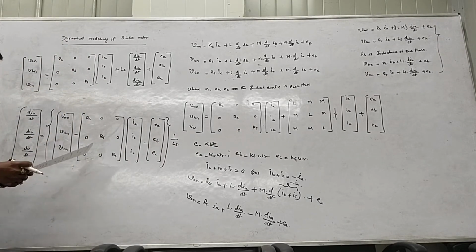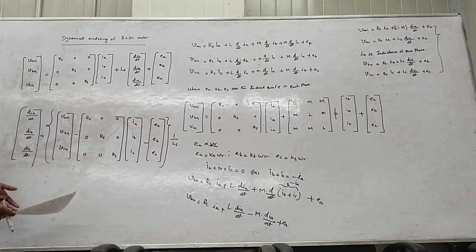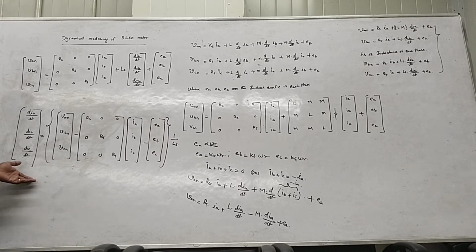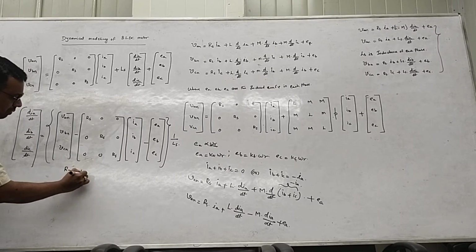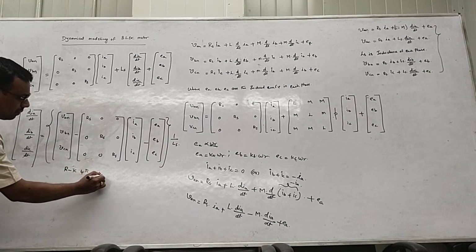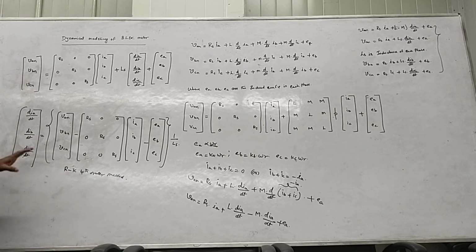The complete solution for this equation can be obtained by the Runge-Kutta fourth order numerical method. If you use the RK fourth order method, you will get the solution for this particular matrix equation.